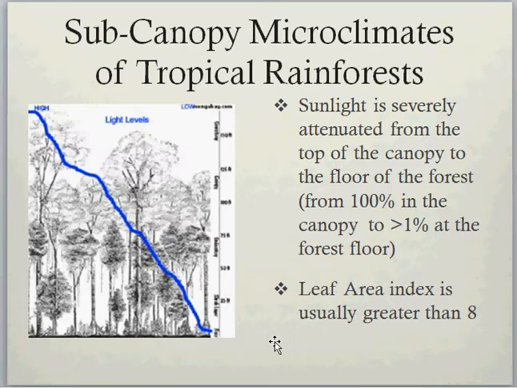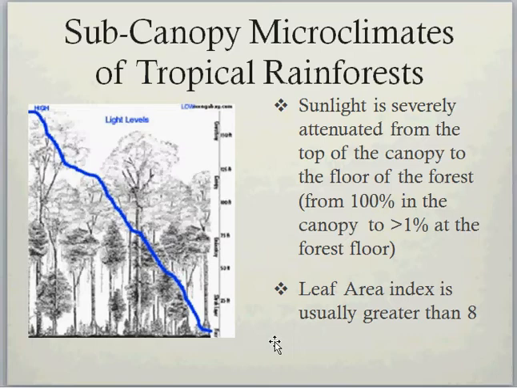And this is particularly the case for photosynthetically active radiation, or PAR, because it's that light which is preferentially filtered out by the trees, by the leaves of these plants as you move down through the canopy.